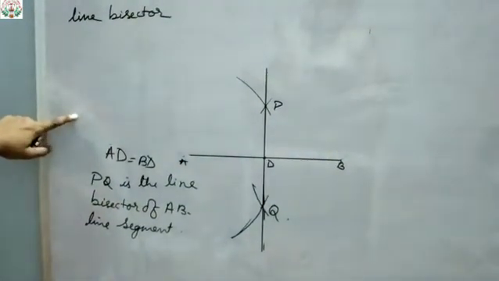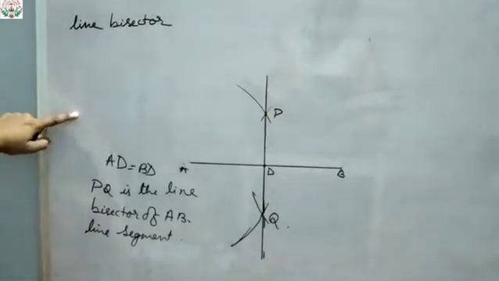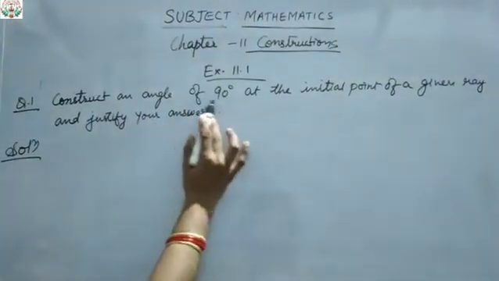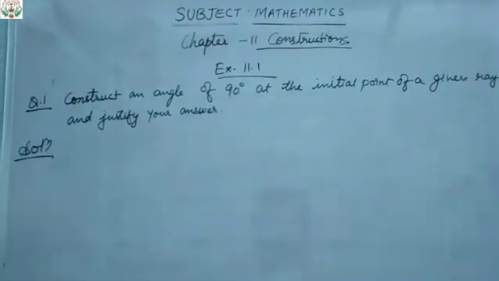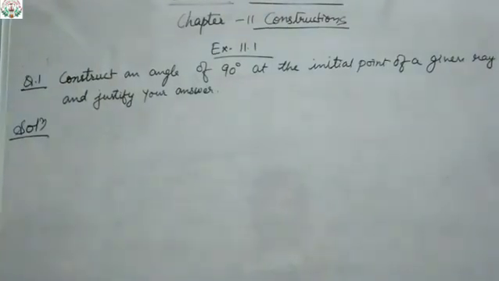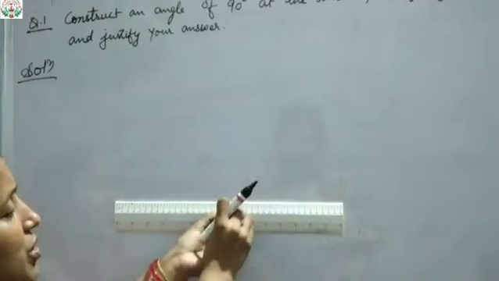Now let us see question number 1 of your 11.1 exercise. The first question is, construct an angle of 90 degree at the initial point of the given ray and justify your answer. Justify means you have to show that it is 90 degree. For that, first draw a ray.